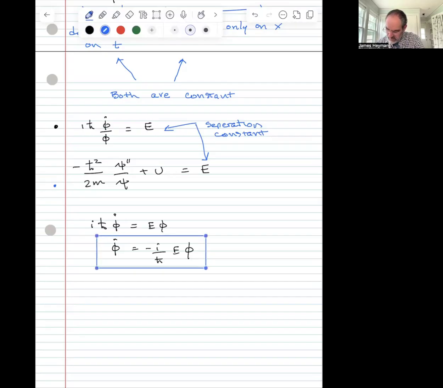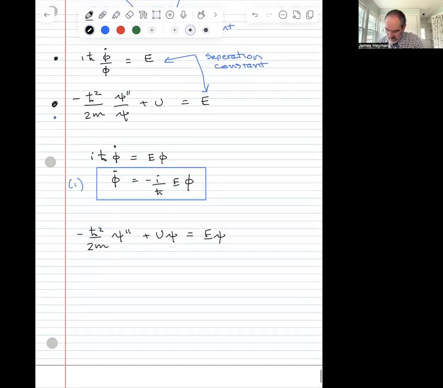This is the equation for the time-dependent part of the separable solution. Turning to the second part, by multiplying by psi on both sides, we have minus h bar squared over 2m psi double prime plus U times psi is equal to E times psi. And this is, of course, a statement of the time-independent Schrodinger equation, which we wrote a moment ago.